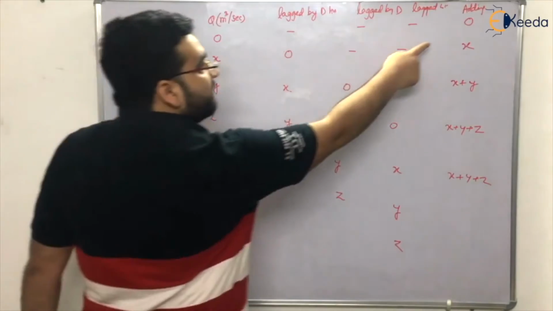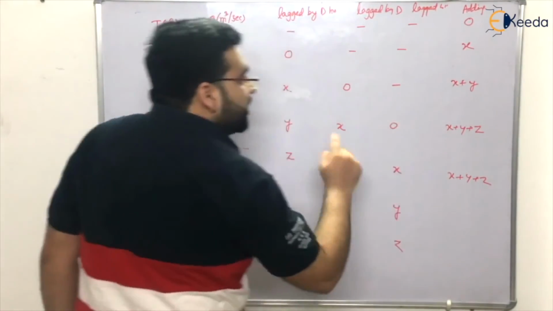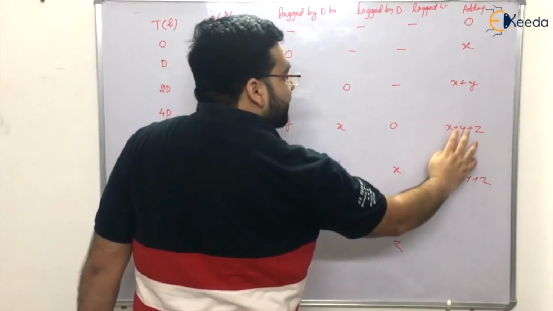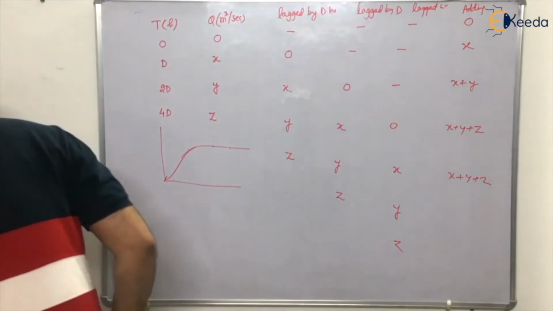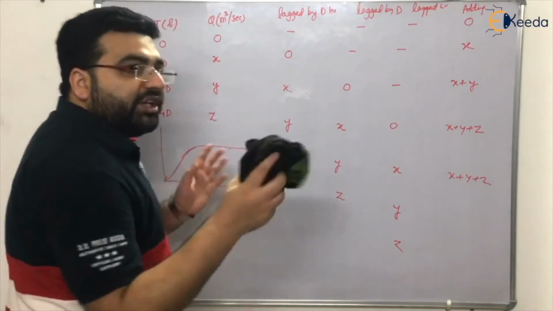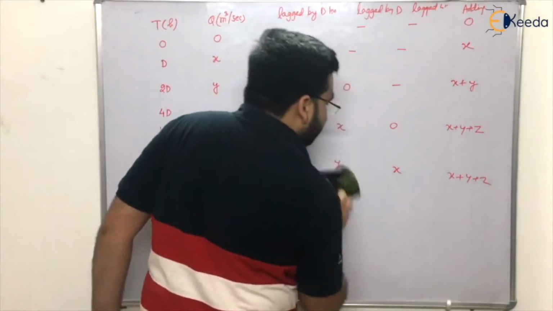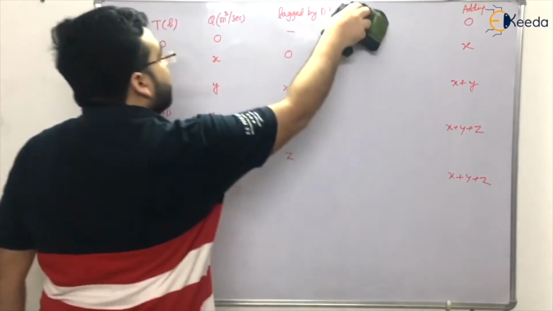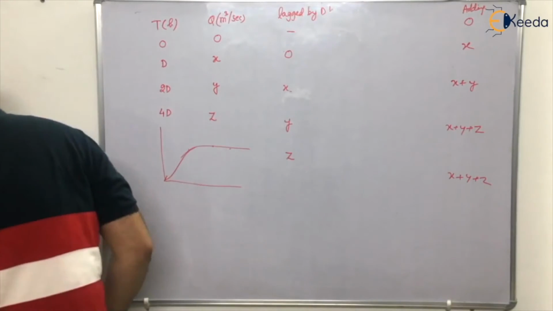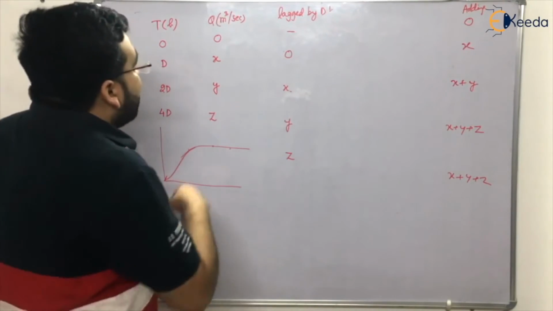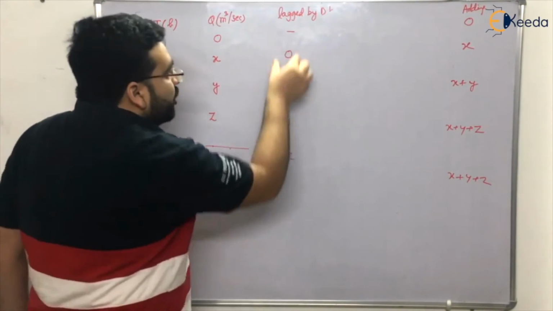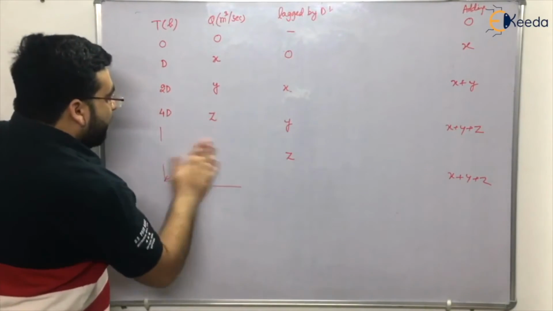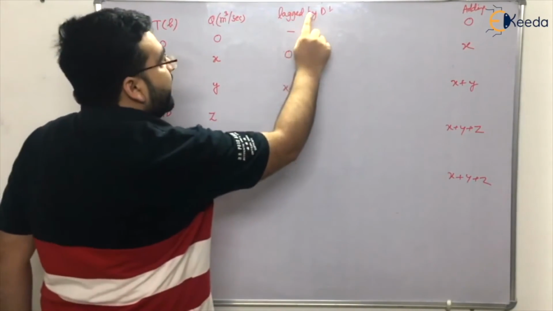So this was the S curve that we were getting. This is x, this is x plus y plus z, x plus y plus z, right? Now let me tell you one technique. You don't need to do anything else. Rub this, right? Now the first step is you have to write down the discharges by lagging by D R S only.